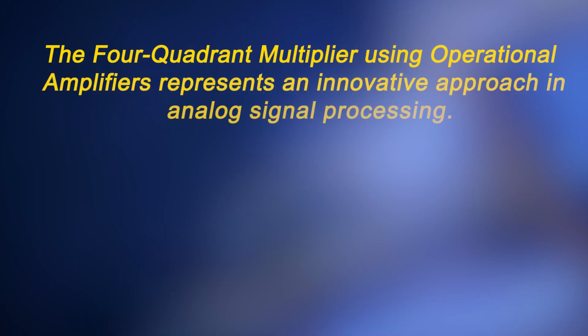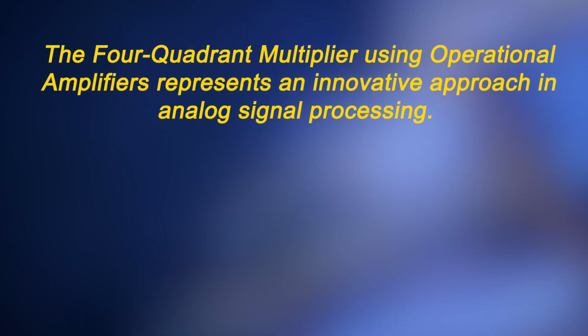Now, we discuss the four quadrant multiplier using operational amplifier. The precision is required in signal processing. The 4 quadrant multiplier using operational amplifier represents an innovative approach in analog signal processing. It allows for a precise multiplication of two input signals even when they vary in both magnitude and direction.